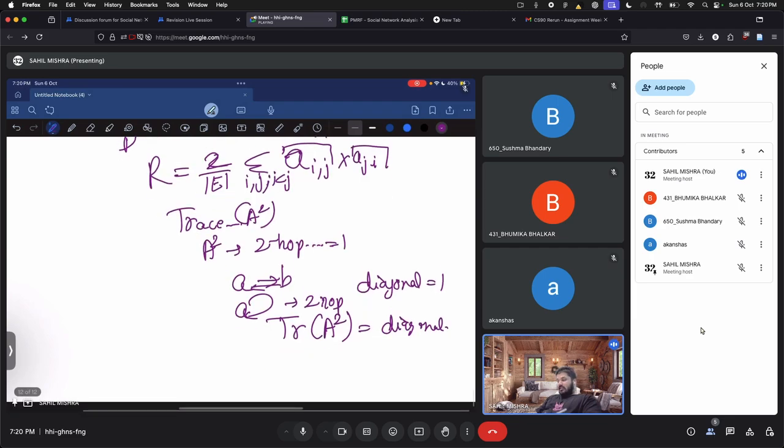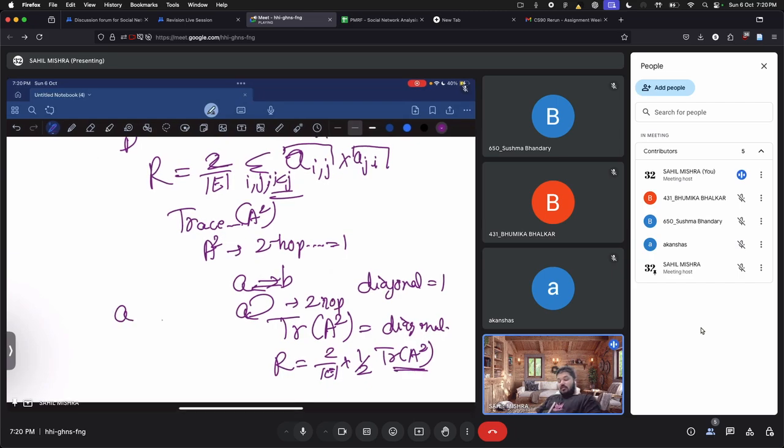of that matrix. And similarly, we use this formula 2 by E into 1 by 2 times trace of A square. Why are we doing 1 by 2 times? Because here we use this i less than j, but here there is no such relationship. So if A to B, B to A is computed, then this means B to A to B is also computed.